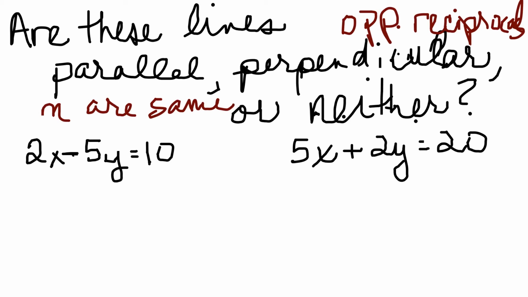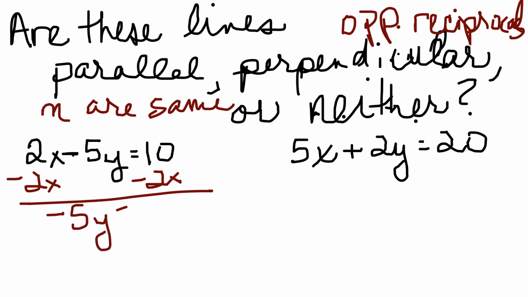So let's figure this out. I need to find the slopes. I have to get this in y equals mx plus b, our slope-intercept form, so I can evaluate this. So subtract 2x, subtract 2x. I get -5y equals -2x plus 10.